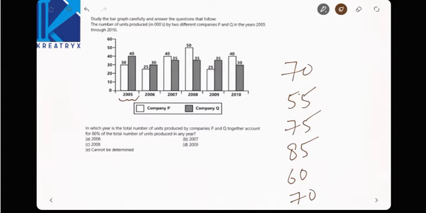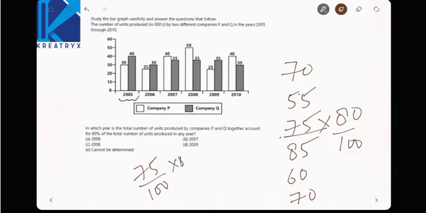Now observe here, 75. 80% of 75 is nothing but how much, right? 80% of 75 is nothing but, see here, 75 by 100 into 80, that is 60.